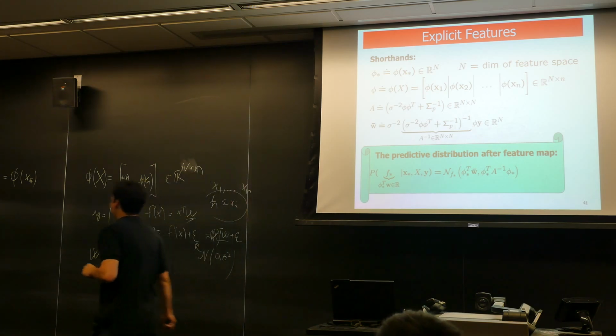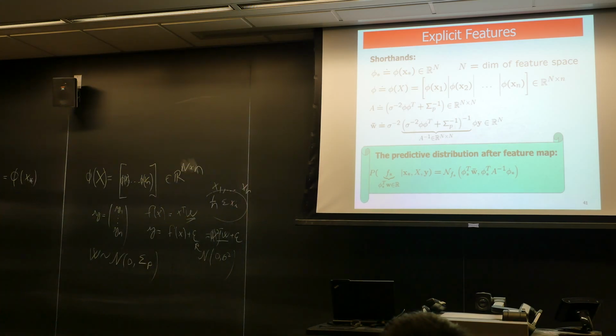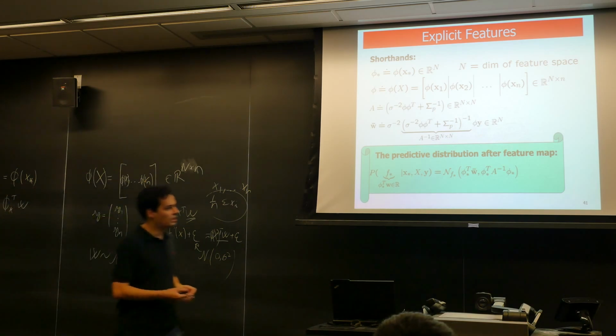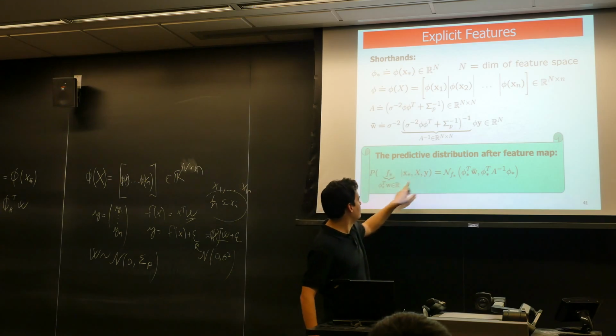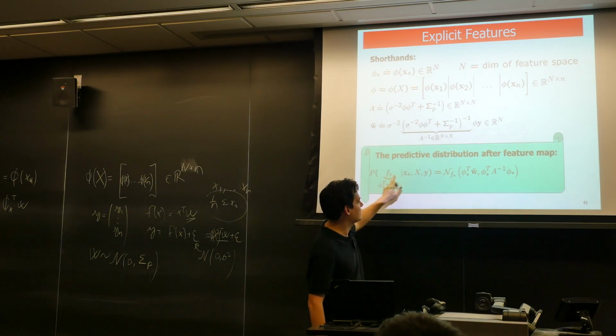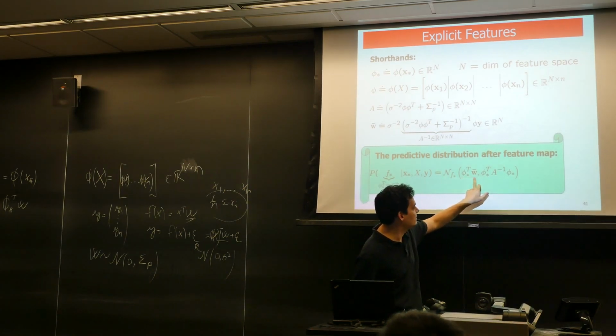And f star, the predicted value of the function, will be just phi star transpose w. And we proved that the distribution of this f star will be a Gaussian distribution with this mean and this covariance.